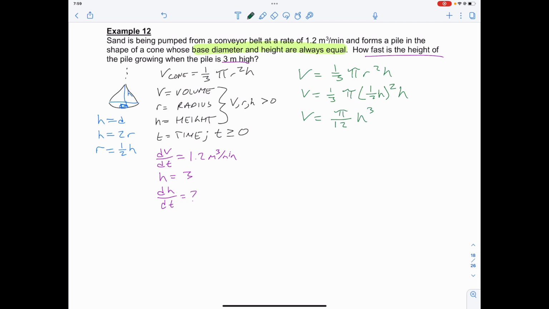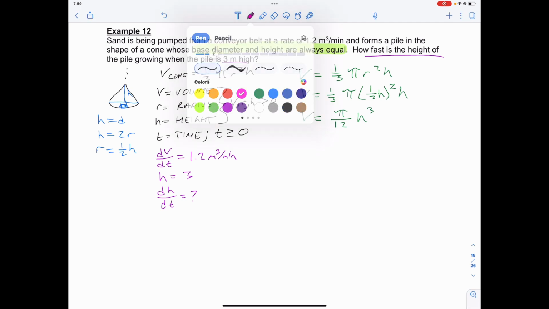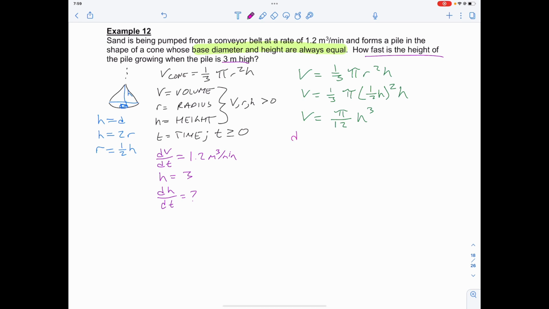And when I differentiate in terms of time, dv over dt is going to equal pi over 12 and then 3h squared multiplied by dh over dt. I'm going to simplify this, dividing both those by 3.